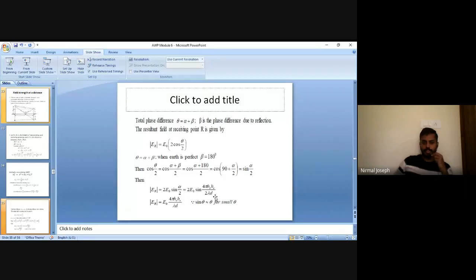For small values of theta, we can take sin theta almost equal to theta. So with that assumption we write the resultant field ER is equal to E naught times 4 pi ht hr divided by lambda d, just discarding the sine. That's how we get the expression for the resultant field, or field strength, at a distance.